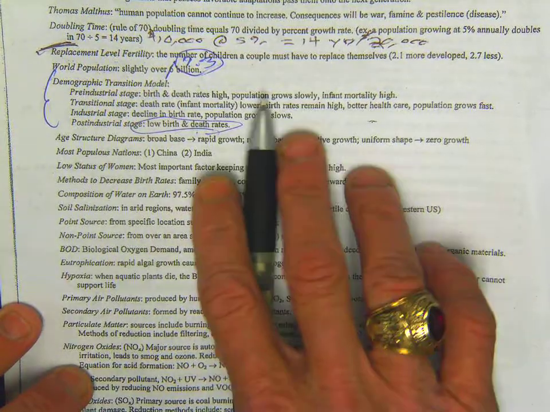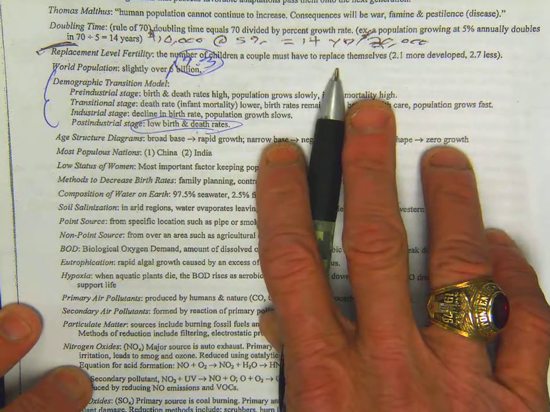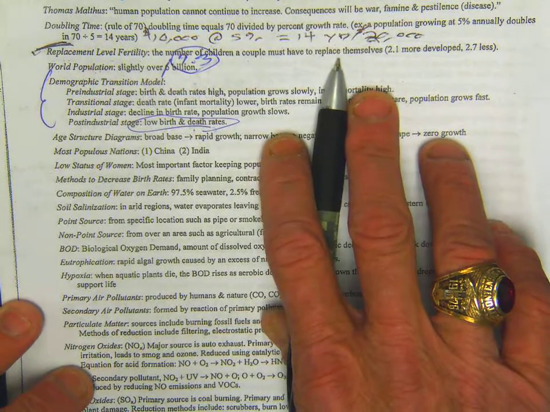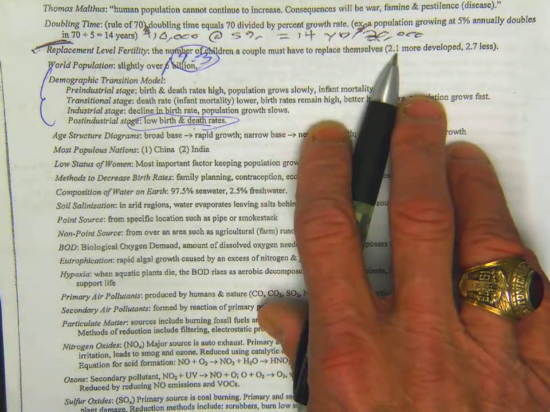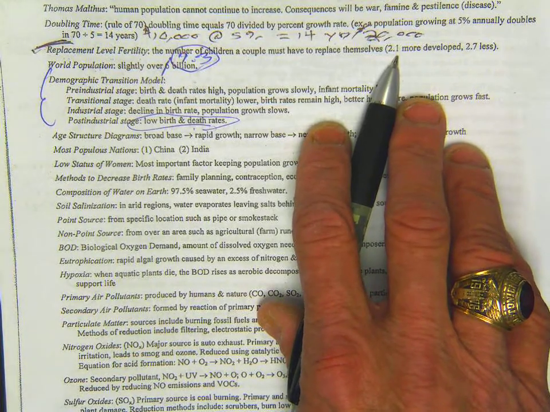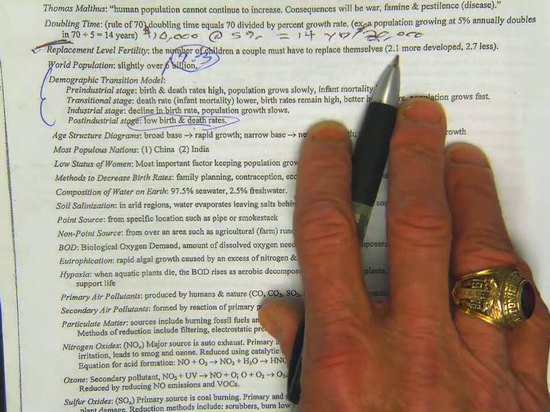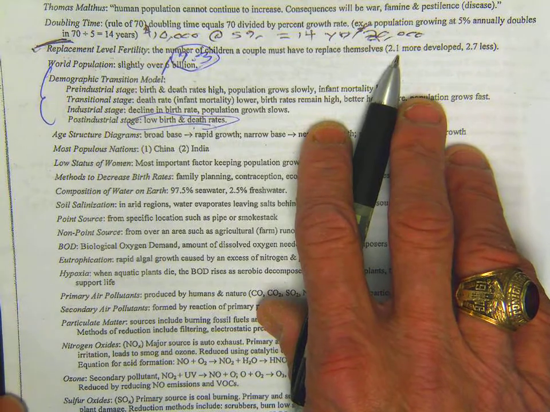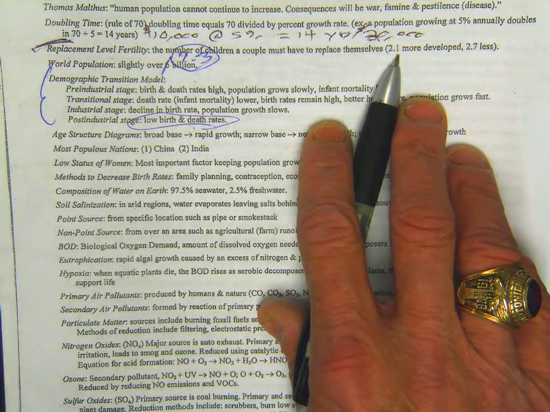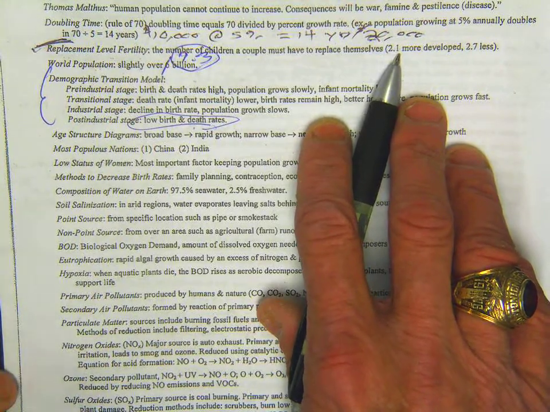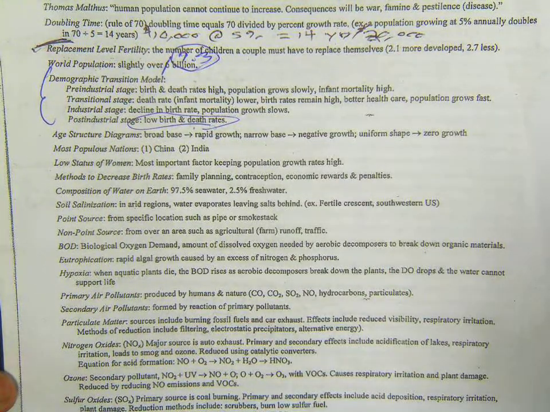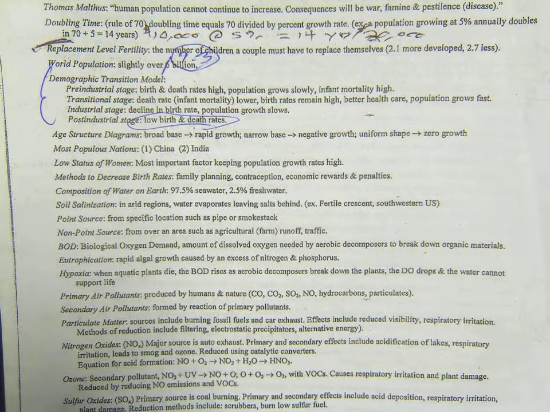Replacement level fertility, you can see, is the number of children that a couple must have to replace themselves. In other words, in a more developed country like the United States or some countries in Europe, if this is 2.1, it would basically allow you to replace yourself, and that would take into account mortality.